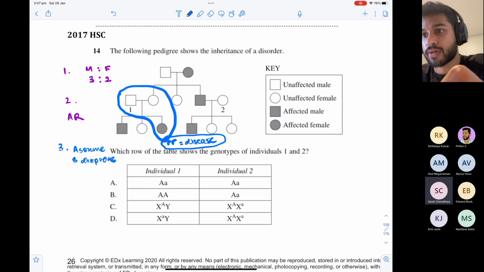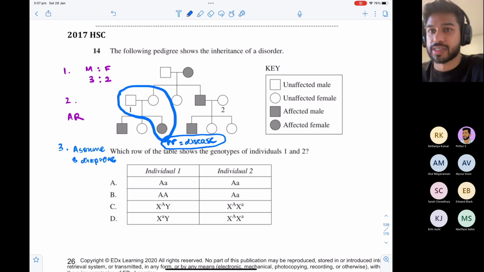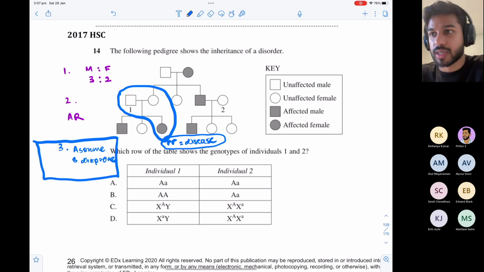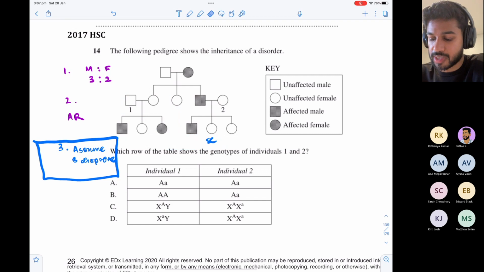It's recessive. Good, autosomal recessive. So our hypothesis or our educated guess is this pedigree is autosomal recessive. The final step is always assuming our hypothesis and seeing if it really works. Does that make sense, Sarah? So you'd be assuming and trying to disprove autosomal recessive.